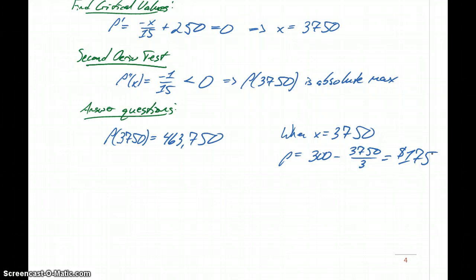So the questions are, how many shredders should we produce to maximize our weekly profit? What is that weekly profit? How much should we charge per shredder in order to realize that maximum profit?